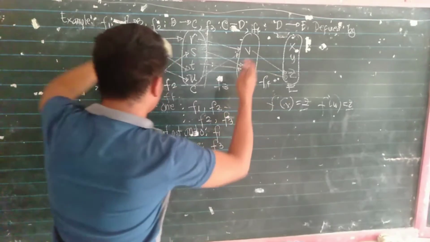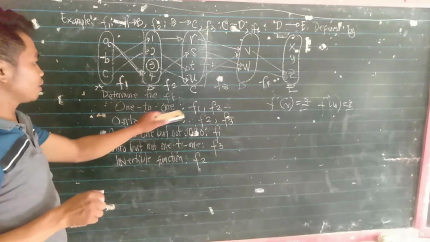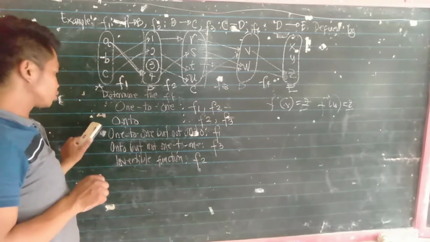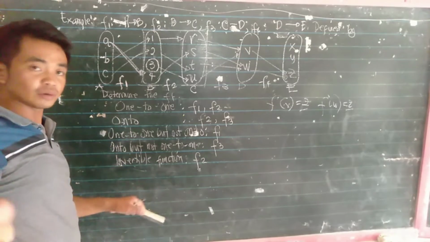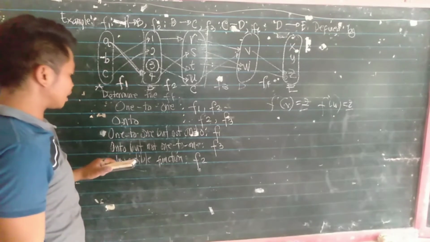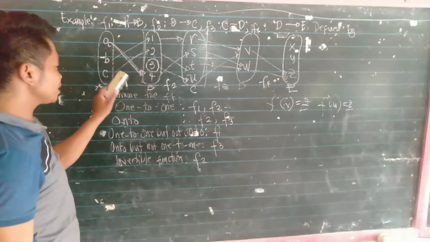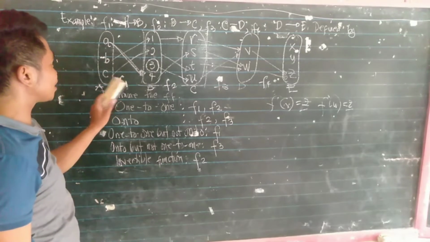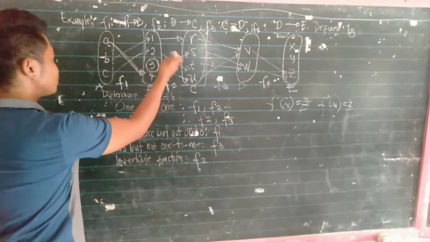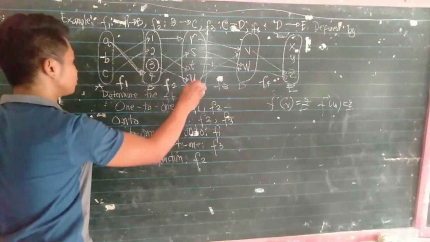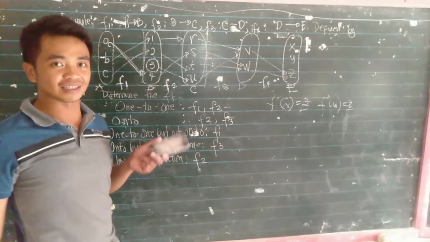So that is how we determine the one-to-one function, onto function, one-to-one but not onto, and invertible function. The only invertible function is f sub 2, because f sub 2 is one-to-one and onto.